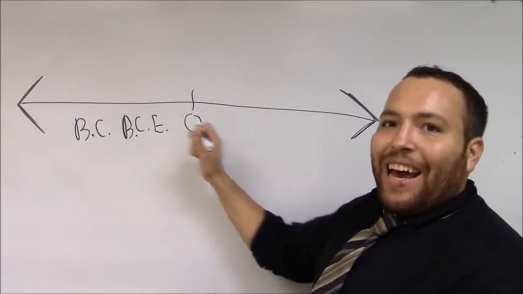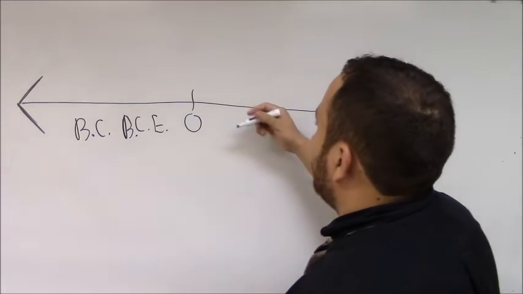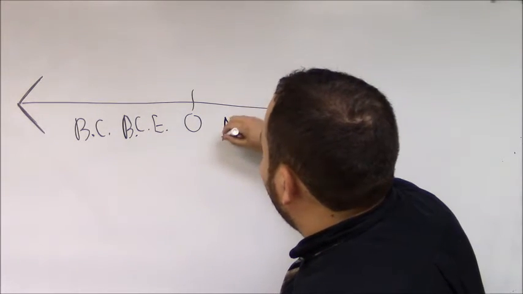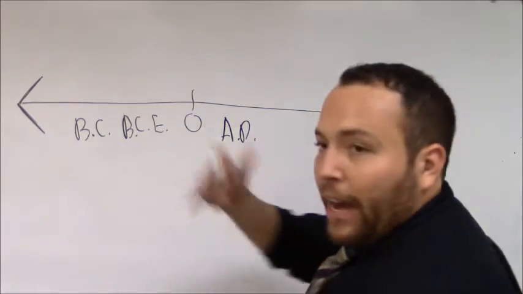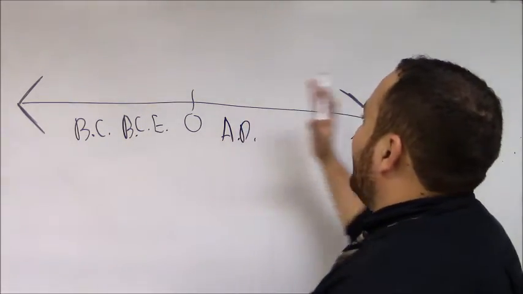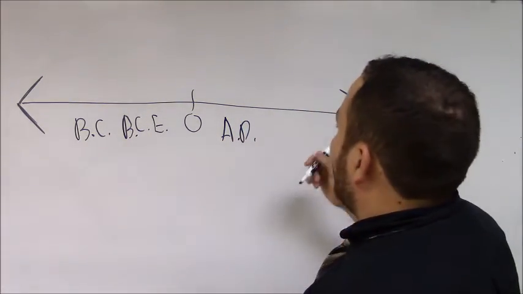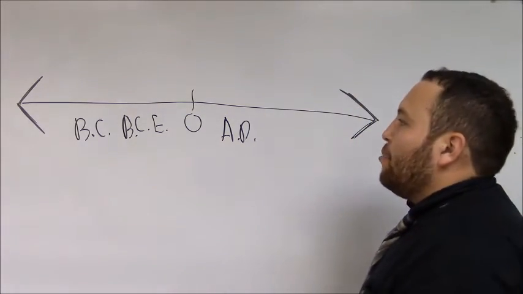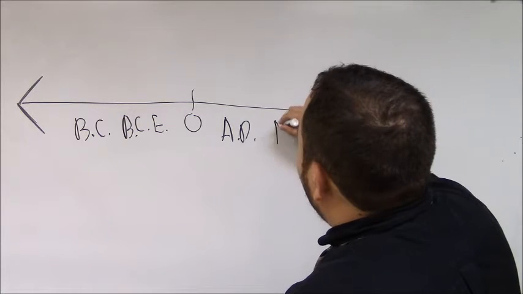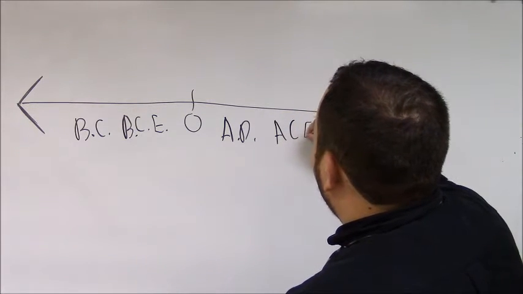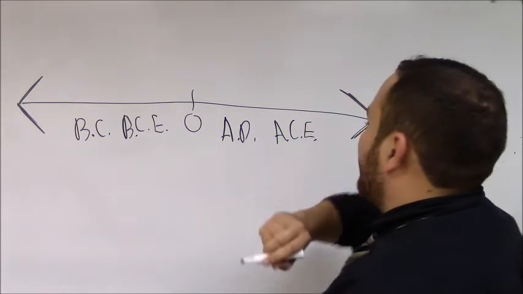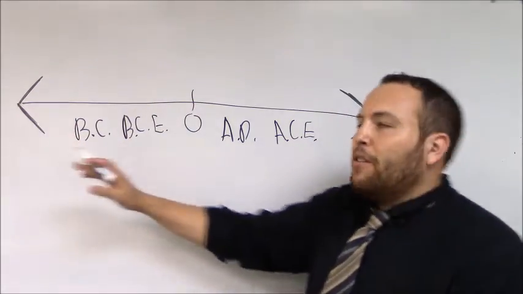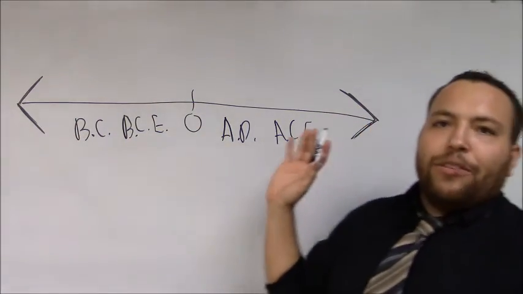What happens after year zero is referred to as AD, which stands for after death. AD, after the death of Christ. Or technically it's Latin for year of our Lord, but none of that's important. Or ACE, after Common Era. Okay, so BC before zero, AD after zero.